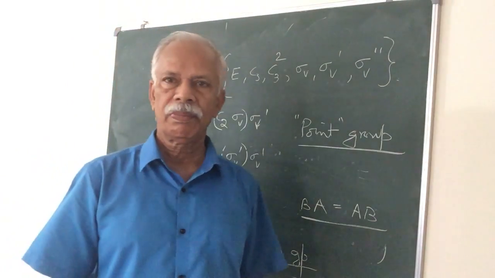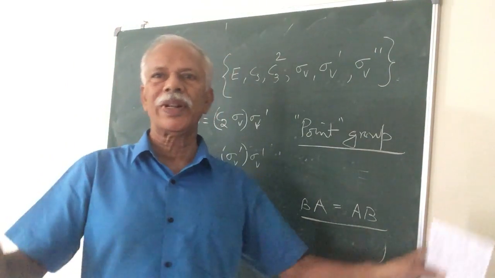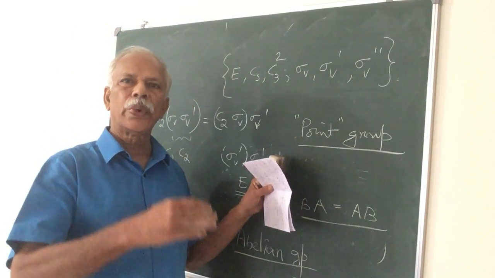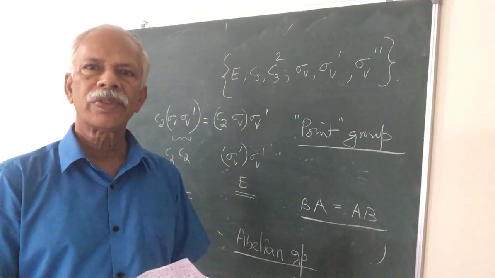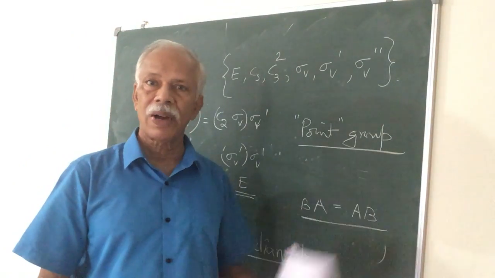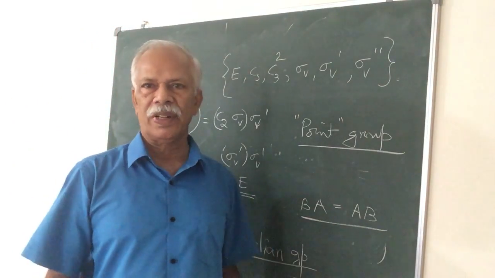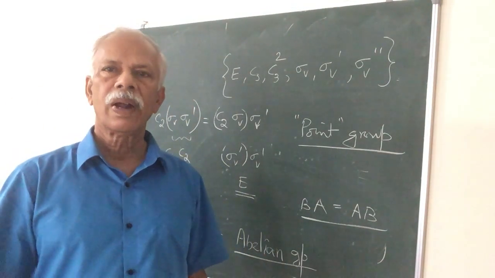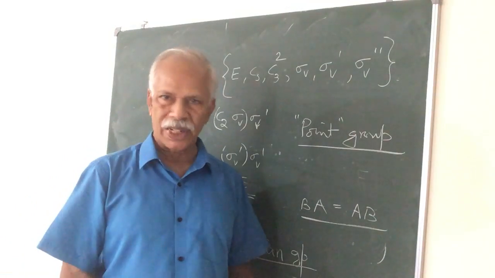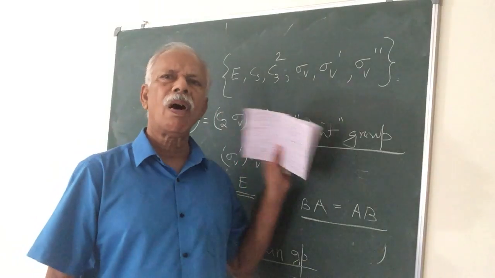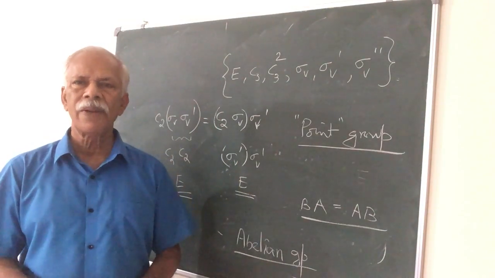At least. If the identity is done, none of the points are shifted. But in the case of the water molecule, if you do the C2 axis, C2 rotation or sigma v dash, the point at which oxygen is sitting is not shifted. It only just gets rotated about its own location. So there will be a central point in any molecule through which all the symmetry operations will pass, and that point will be unshifted.